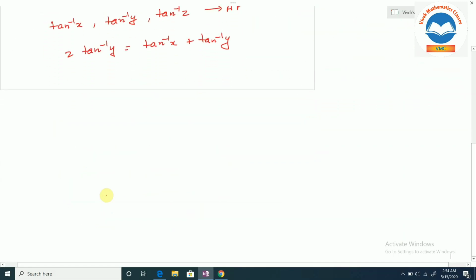So what will we get here? We will get tan inverse of 2y divided by 1 minus y square equal to tan inverse of x plus z divided by 1 minus xz. Tan inverse will be cancelled out.